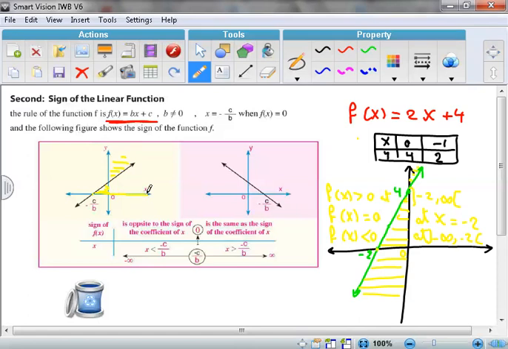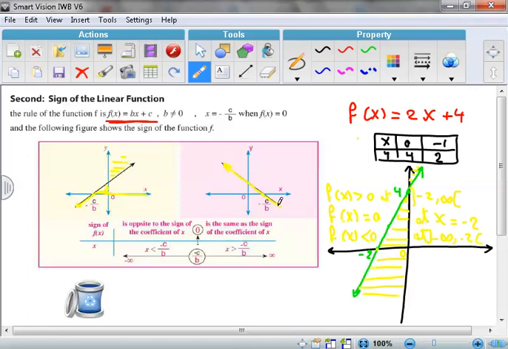Before negative c over b, the function is negative. At the point negative c over b, the function equals 0. If you look at the second, at the point negative c over b the function equals 0. From negative infinity to before this point, the function is positive. After c over b to infinity, the function is negative.